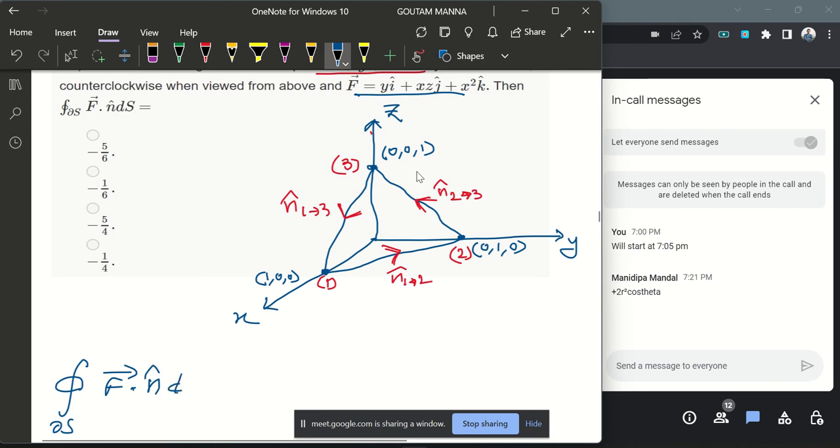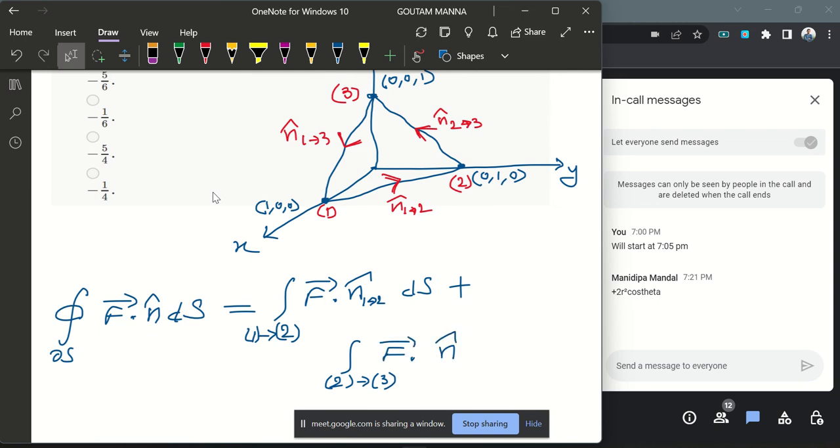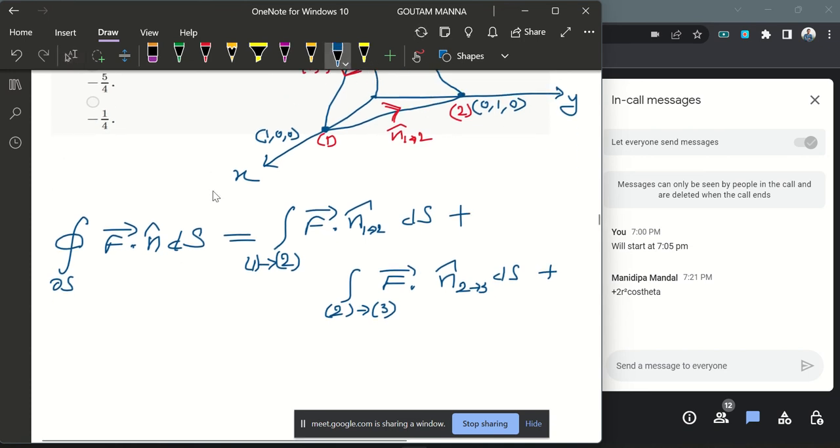So f dot n hat ds, we can write it as going from path 1 to 2, point 1 to 2. So along this path, the integral of f dot n from 1 to 2 ds, plus from 2 to 3, f dot n from 2 to 3 ds, plus f dot n from 3 to 1 ds, integration from point 3 to 1.